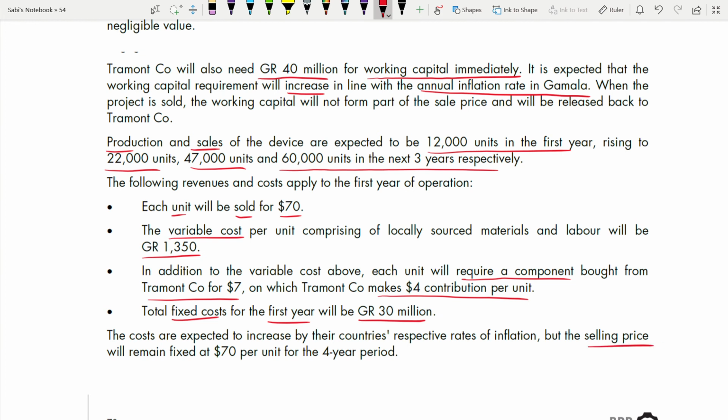Selling price fixed at 70, but cost will increase with their country's inflation. That means if the cost is given in US dollars, it will be inflated by that country's inflation rate. But the sale price will remain at 70 for all the 4 years.